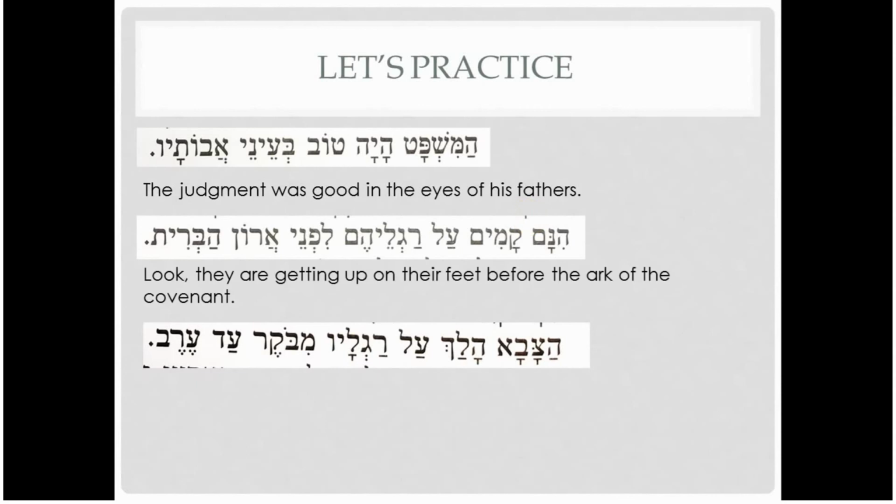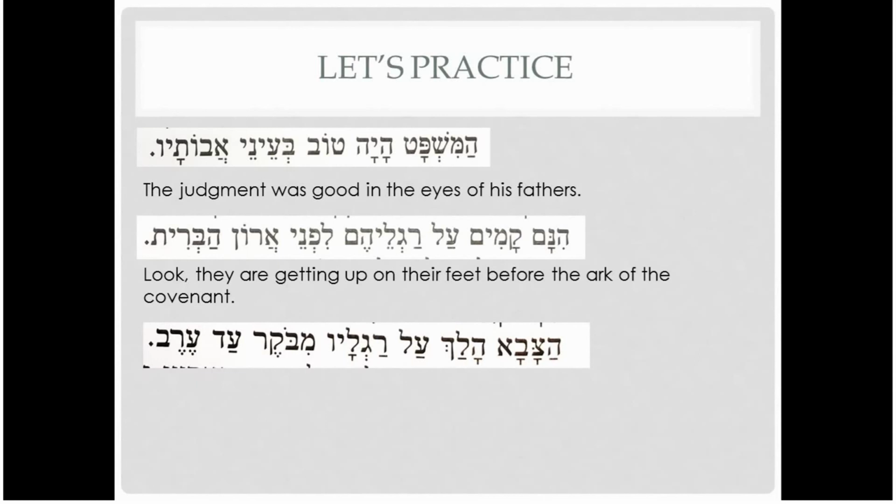So we have, look, they are getting up on their feet before the Ark of the Covenant. The hine is what's reflecting the look, and the pronoun is functioning as the subject of the participle kamim.